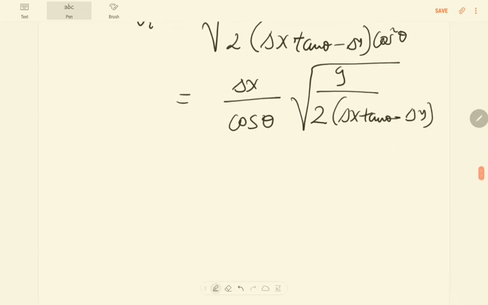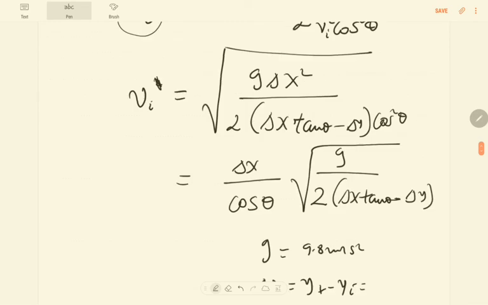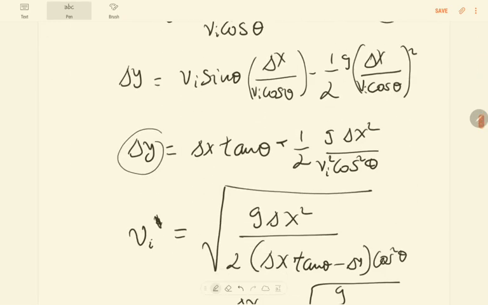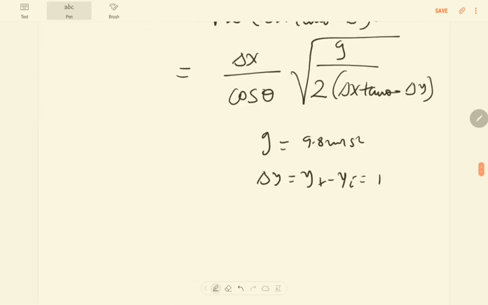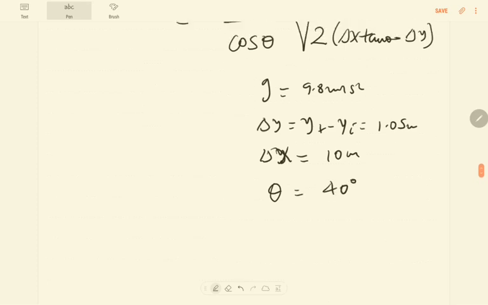Now everything is given. Take for instance g is 9.8 meters per second squared, delta y is simply y final minus y initial, which is 3.05 meters minus 2 meters, which is 1.05 meters, and delta x is 10 meters, which is the horizontal displacement, and theta is 40 degrees. The rest will be the calculator's work.